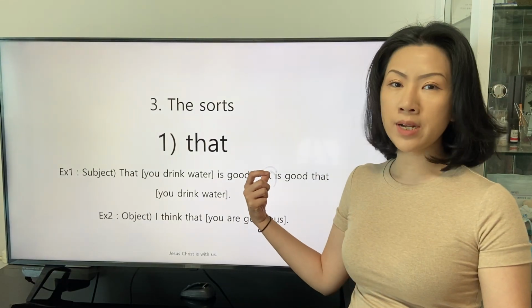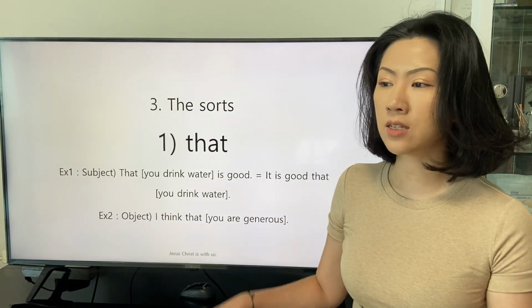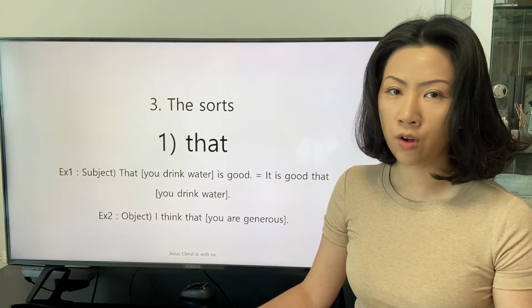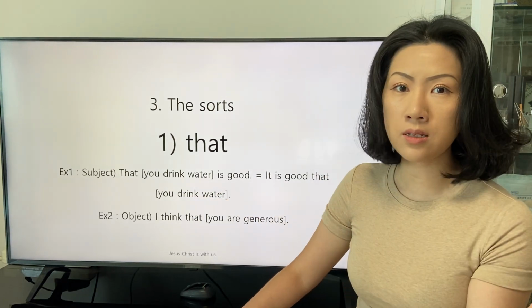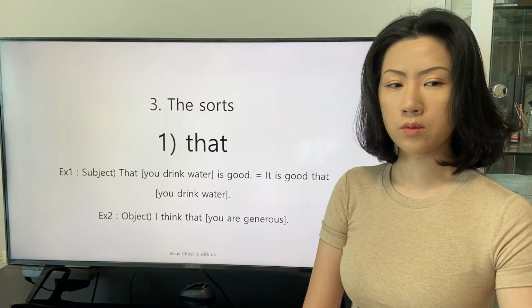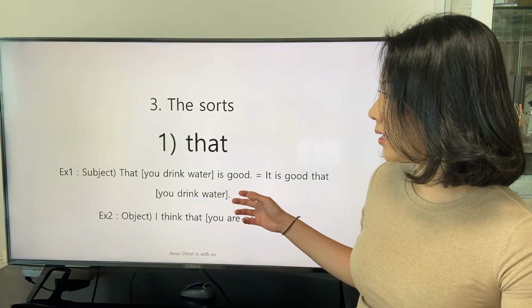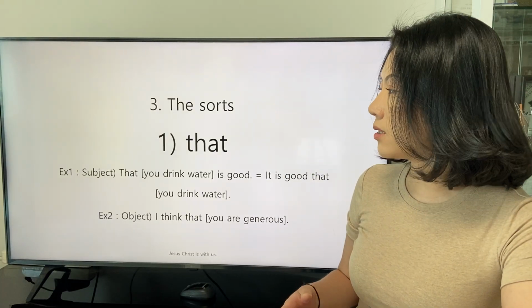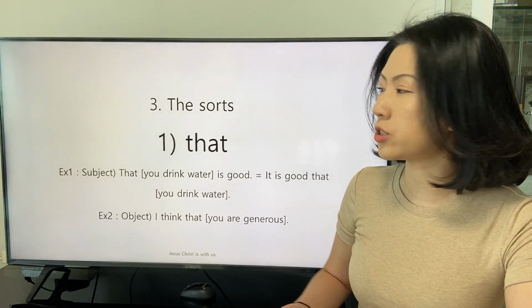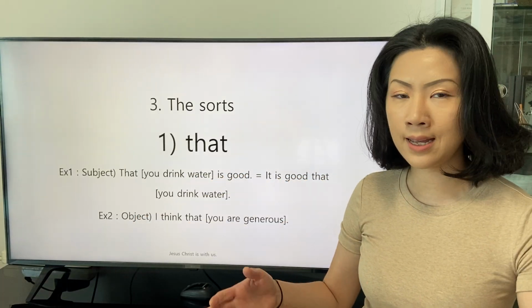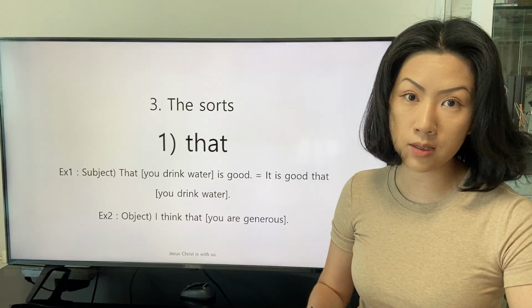The preparatory it lets us prepare for the subject of the whole sentence. So we can see that the subordinate clause linked with the subordinating conjunction that can be a subject in a sentence.